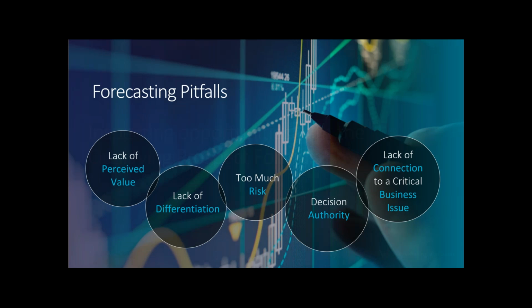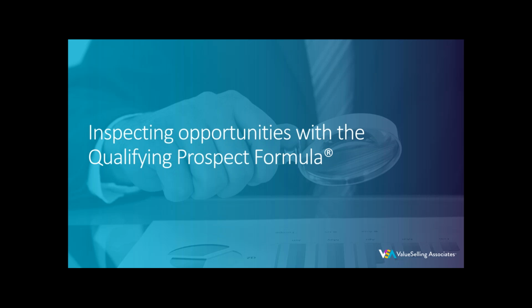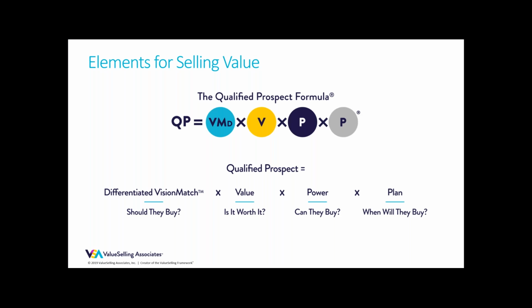So how do we eliminate that? Well, in value selling, the foundation of what we do is called the qualified prospect formula. I'm going to share it with you now, but we basically look at this and say there are multiple dimensions of qualification, and it is important for a sales rep to understand all of those dimensions.